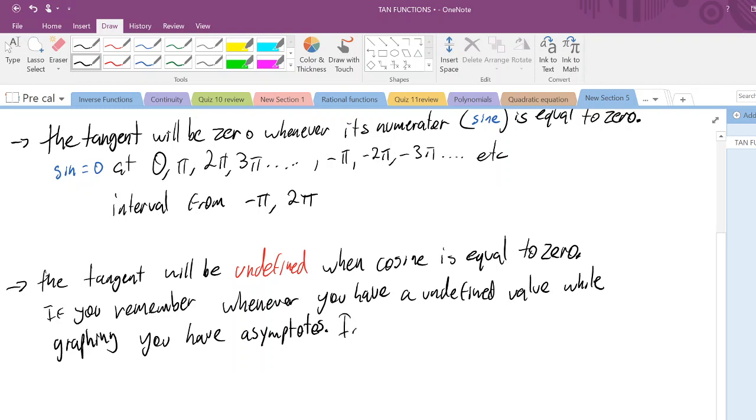In this case, you will have vertical asymptotes.